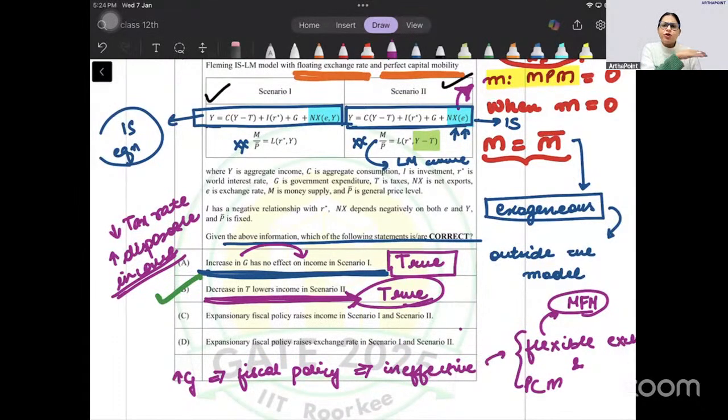What about scenario 1? Will tax rate impact the LM curve in scenario 1? No, it will not impact. Correct. Okay, what about statement number 3? Go ahead, try to answer that.